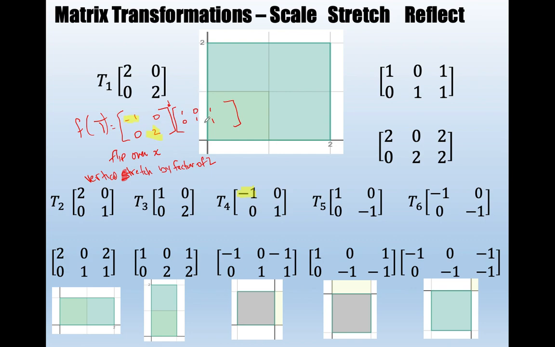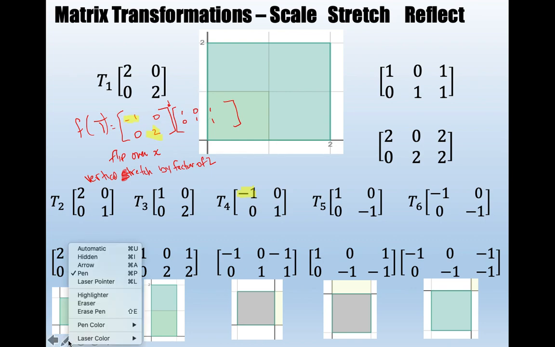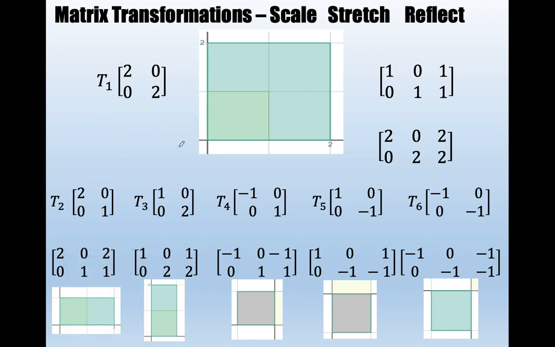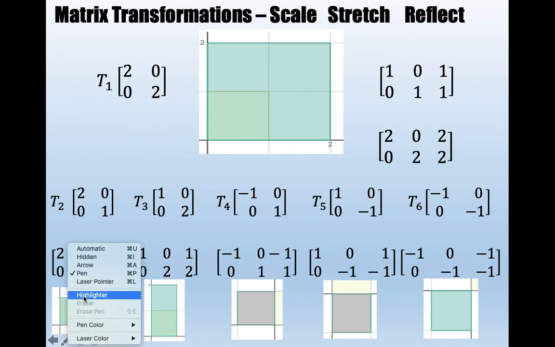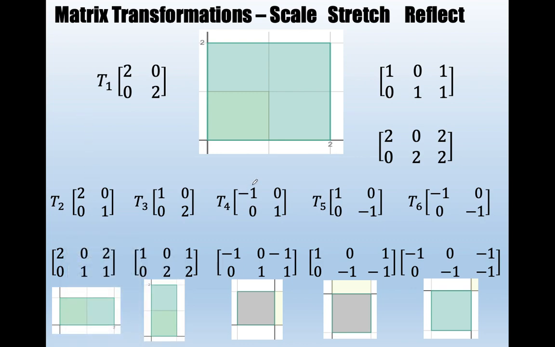Good. So without doing this multiplication, didn't mean to do that. Darn it. Without doing the multiplication, can you tell me what the transformation, I'm not happy with that function notation anyway. With this transformation, what is it going to do without actually proving it with the multiplication?